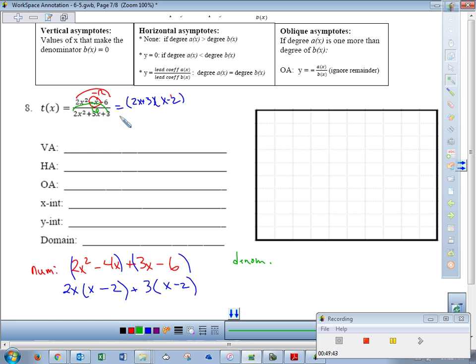Those multiply together to be 6. 2 numbers that multiply together to be 6, add together to be 5, are 2 and 3. Alright? So this is going to be 2x squared plus 2x plus 3x plus 3. That's it.